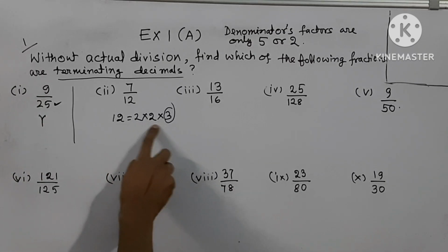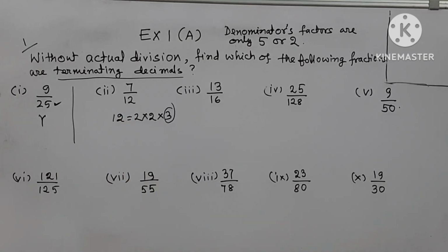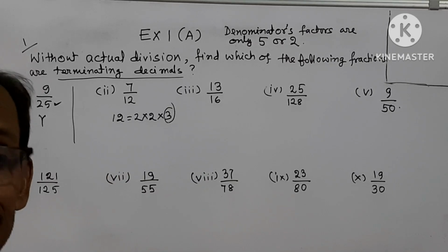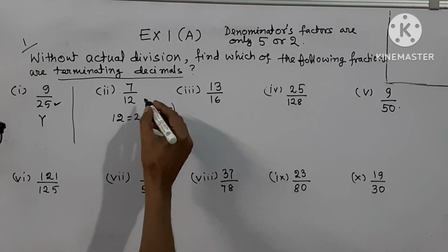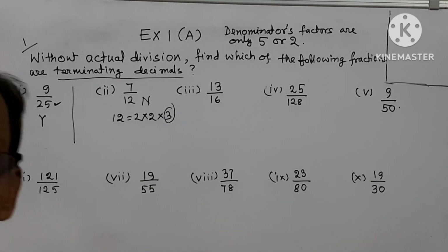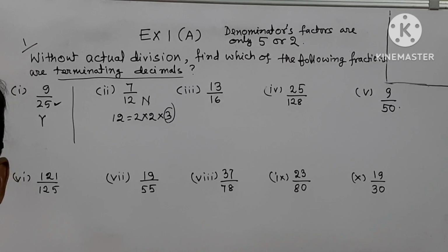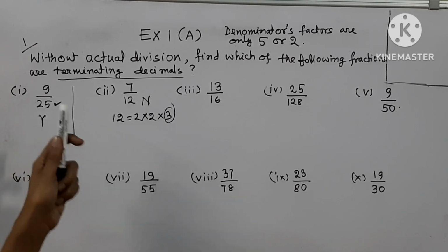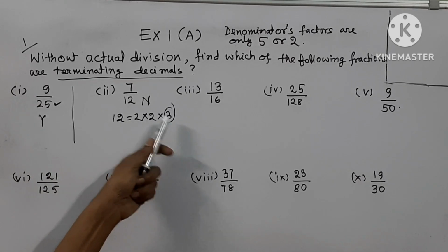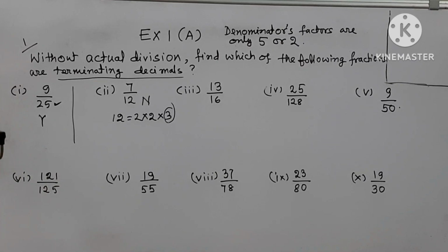Here 2s were there, it was fine. If only 2s would have been there, then it would have been a terminating decimal. But since one of the factors is 3, this will not be a terminating decimal. Hope you are getting the point that when the denominator's factors include anything other than 2 or 5, then it will not terminate.